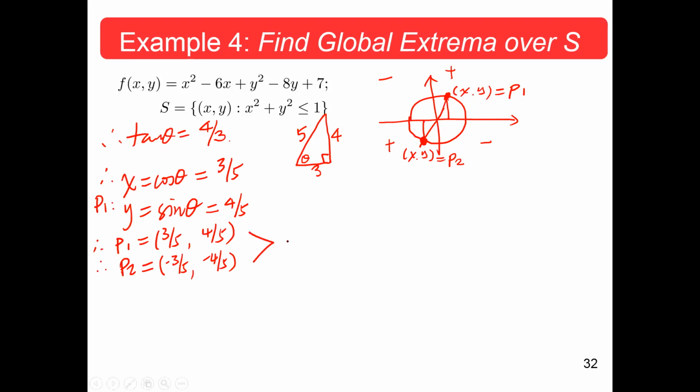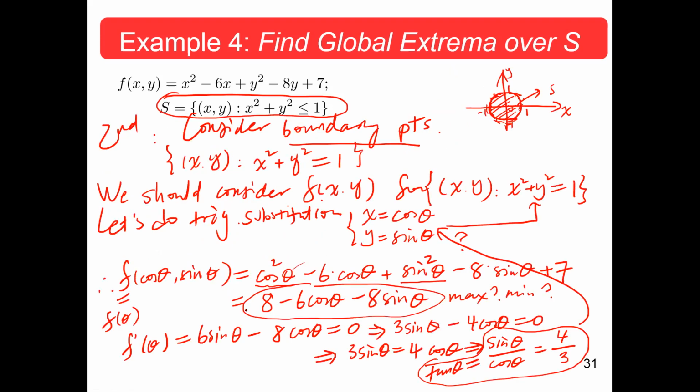So these 2 points may give you max and min, because at these points the derivative equals 0 for the function.